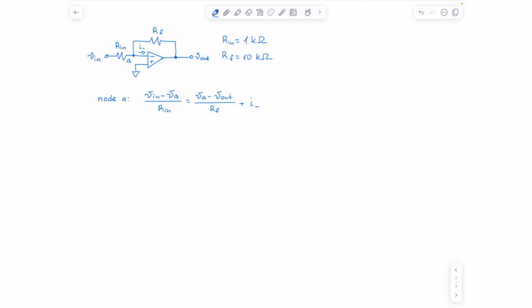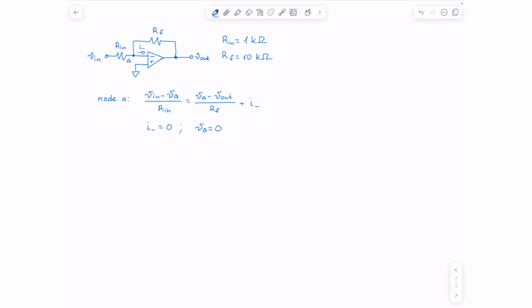And at this step, we need to apply the assumption of the ideal op-amp. We know that I minus equals 0, and the voltage at the non-inverting and inverting inputs are the same. So because the non-inverting input is grounded, the voltage VA equals 0.